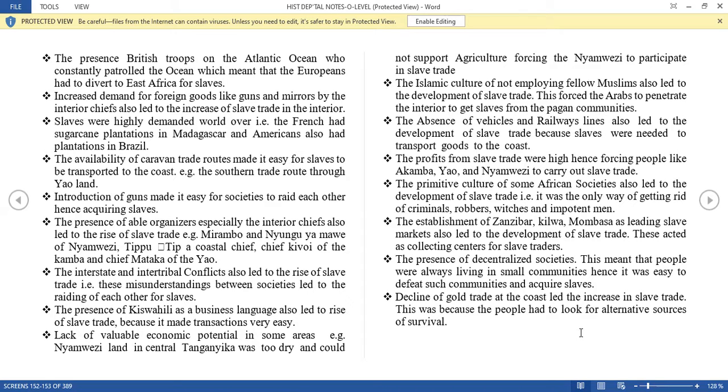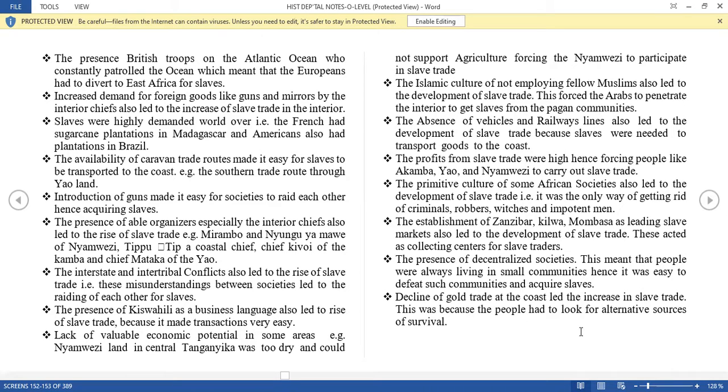These routes remained in existence, which implies that it became very easy for people carrying out slave trade to use the same routes when transporting their slaves to the coast. So the availability of those trade routes made it easy for slave trade to prosper from one area to another.